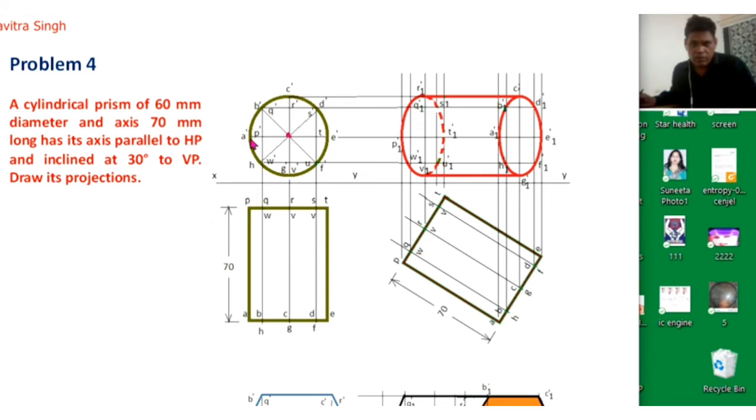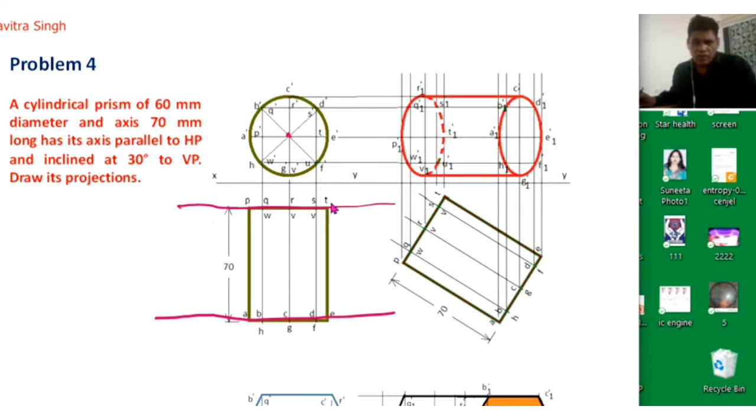Then we will draw vertical lines from point A dash, from point B dash, from point C dash, from point D dash, from point E dash, okay. And we will draw one horizontal line and another horizontal line 70 mm apart from this line.